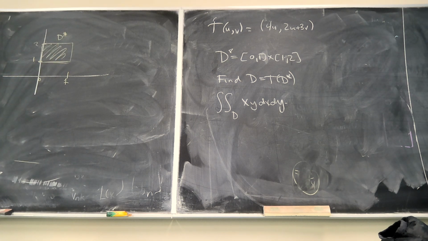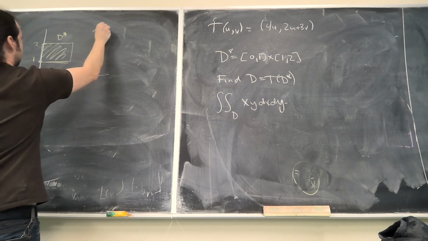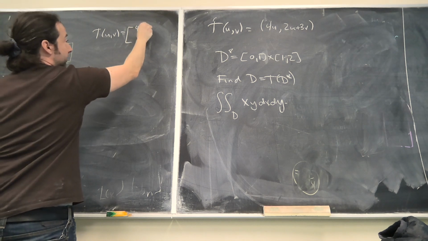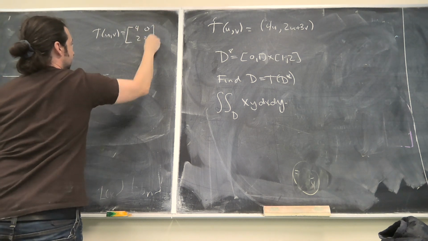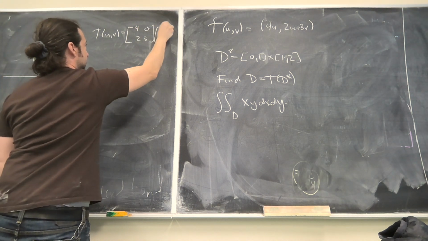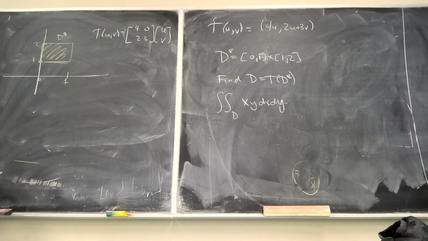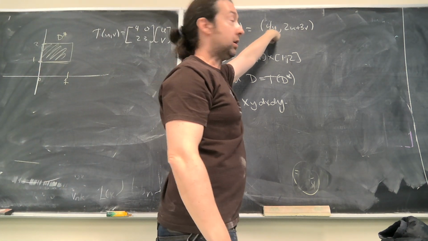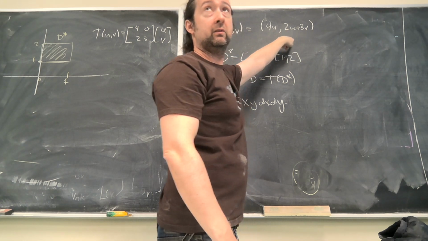Now, one thing to notice about this particular T is that T of (u, v) in this case can be written as the matrix [4, 0; 2, 3] times the vector (u, v). It's of the form Ax, right? This is a linear transformation. The linear combinations of u and v in both slots.